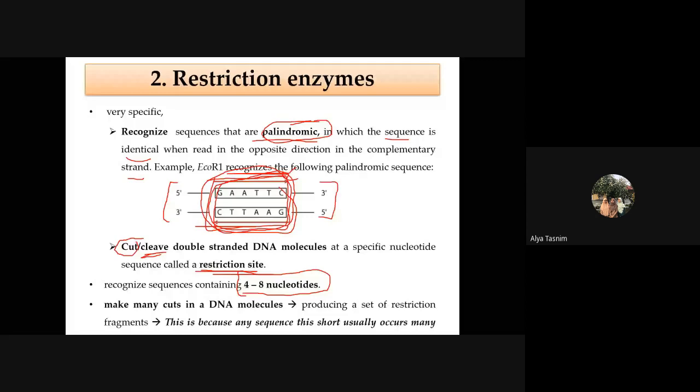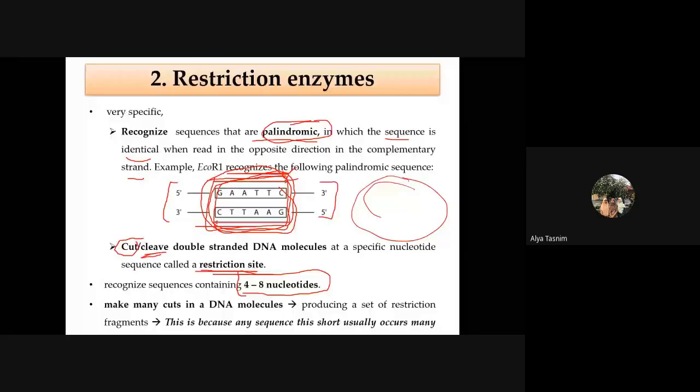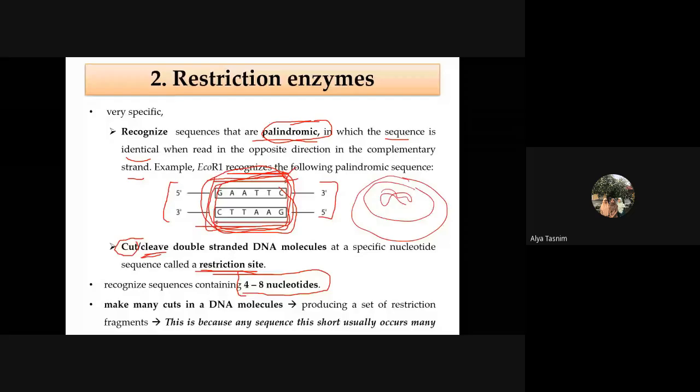So this is a cell, and inside the cell you have the DNA. You extract out the DNA and then you insert it into a test tube, for example. Then you insert the restriction enzyme, and the restriction enzyme will cut the DNA into many fragments. Not all the cuts will have the gene of interest.